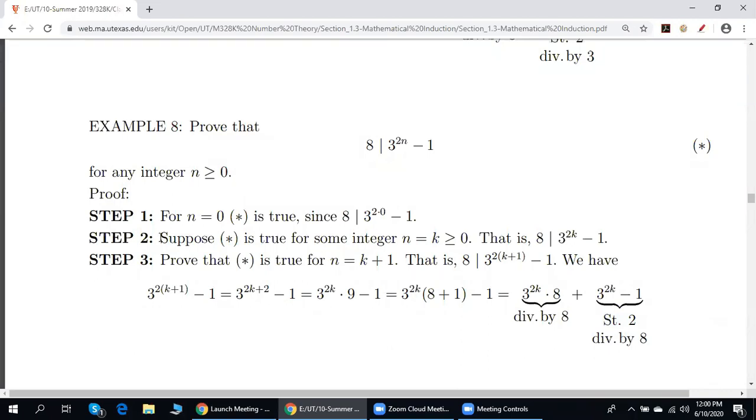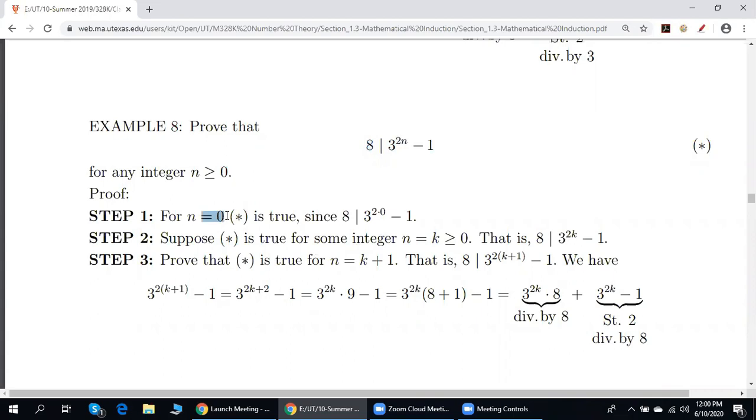Because here we say suppose this is true for n is equal to k. Okay. Can we suppose it? Yes, thanks to step 1. But step 1, indeed, there exists an integer such that this is divisible by 8.